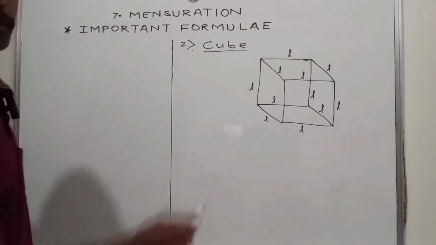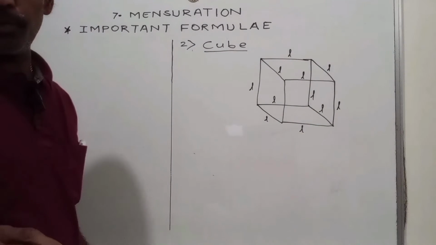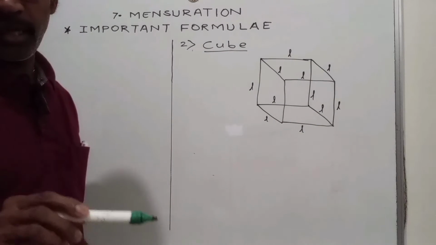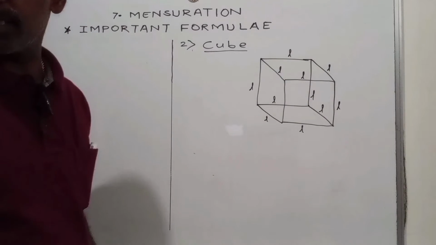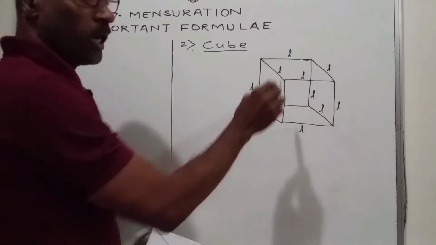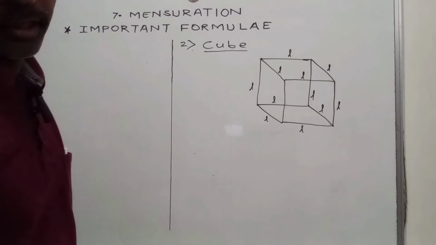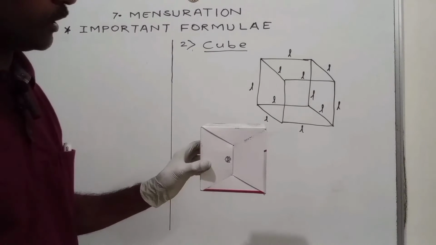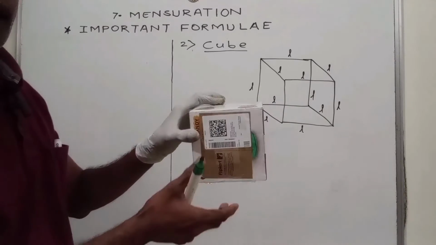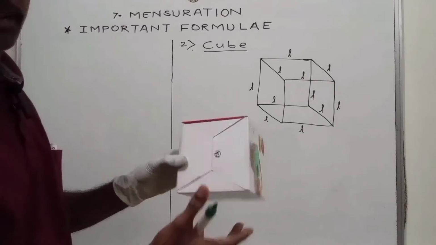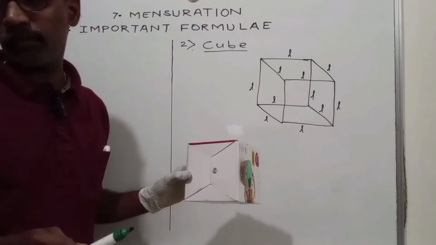Now cube. Now this cube also has 6 faces, and all 6 faces are congruent, and every face is a square. See here, this is our cube, 6 faces, and every face is a square.